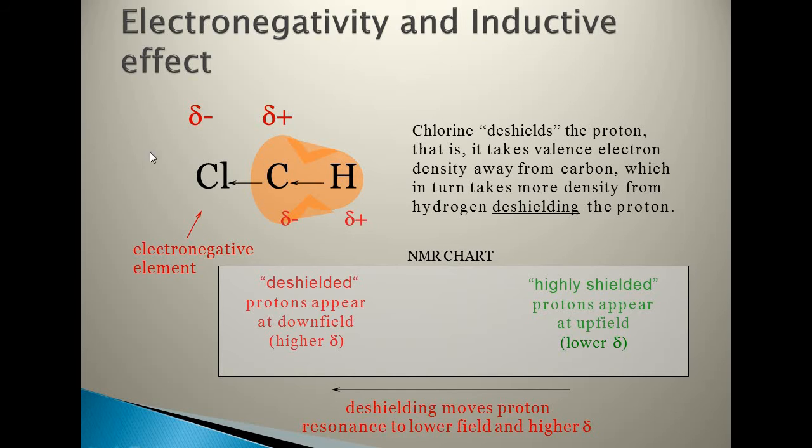If we add chlorine in another position, so when chlorine is there in this group, it will pull all the electrons towards itself. As it pulls all the electrons towards itself, the electron density towards the proton decreases. As the electron density decreases, the protection around the proton also decreases.